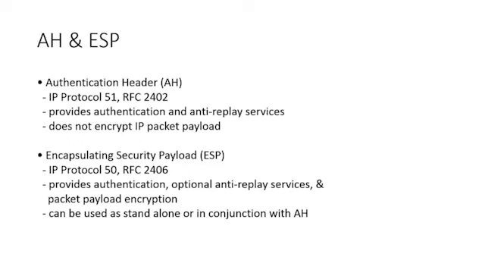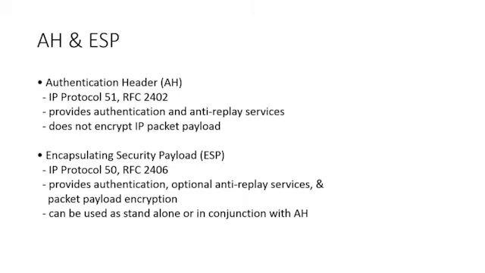Now, ESP, on the other hand, that's our Encapsulating Security Payload. Protocol 50 provides authentication now, and it can help in anti-replay services, and we have packet payload encryption now. So instead of just the ends being taken care of like for the authentication header, ESP will take care of the whole thing.